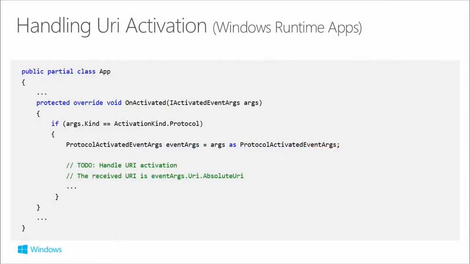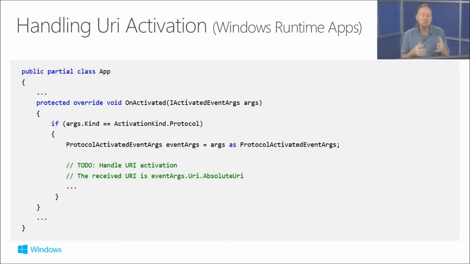A similar thing for URI activation, where this time you need to override the OnActivated method, and there are a number of different ways the OnActivated method can be fired. So you need to look at the IActivatedEventArgs and find out, is it a protocol activation kind? If it is, then you know that the args you've been passed are actually a ProtocolActivatedEventArgs, and then you basically do the same pattern you did before.